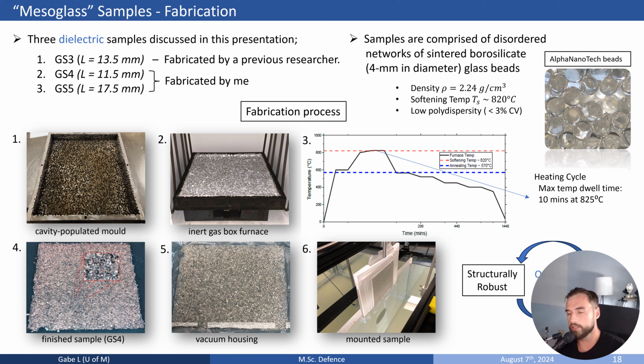There's a lot of handling that comes into it. So the optimal sample is one that can withstand the handling while still having weak bonds between the beads in order to retain the sphericity of the beads inside of the sample, which we reached.